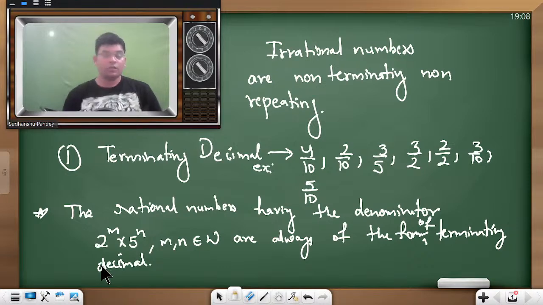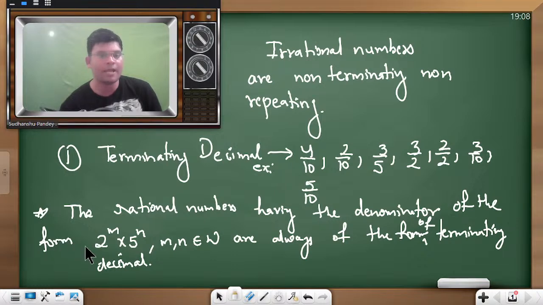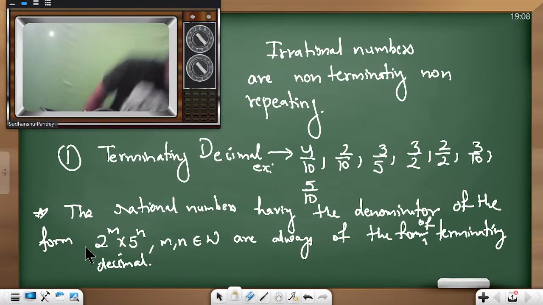इसको लिख लो. The rational numbers. First of all, what kind of numbers are terminating decimals? Those are rational numbers. Rational numbers having the denominator of the form 2 to the power m into 5 to the power n. इसको लिखो, मैं आया 1 मिनट में.